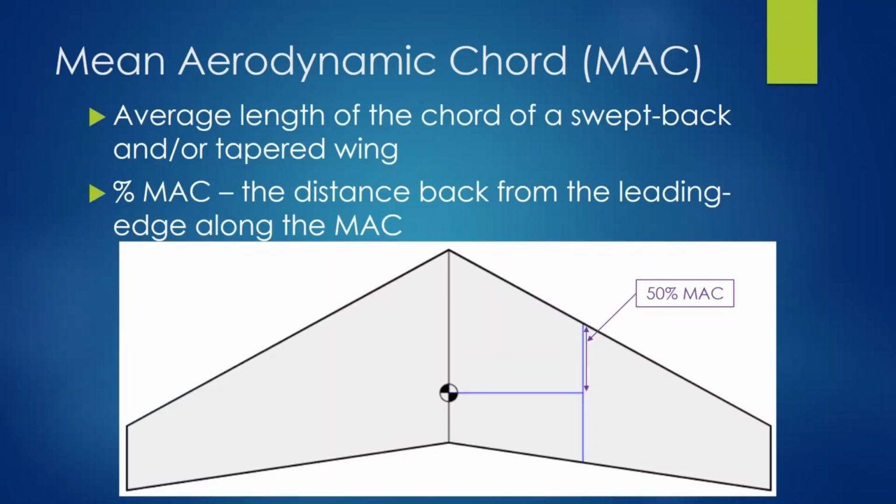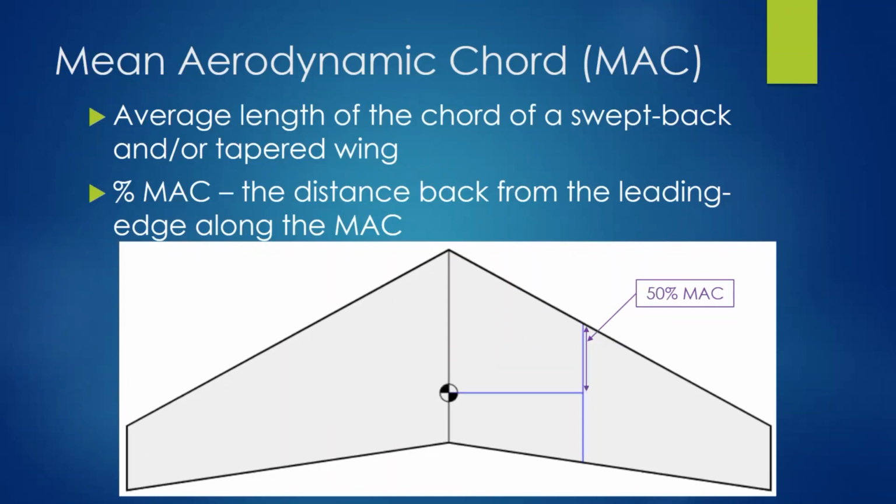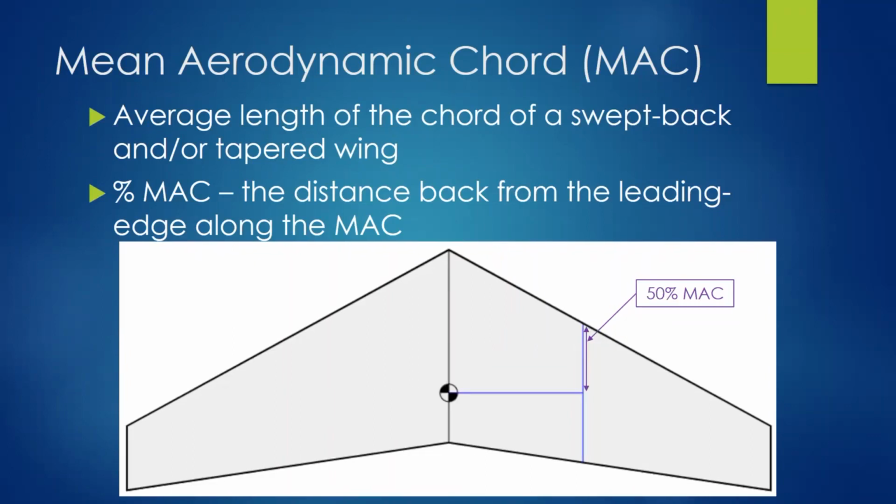Here's a 50% MAC. You can see that's actually too far forward in our example, right? Because it was 37 to 45%. And that's too far back. So we have too far forward, too far back. The area where our actual balance can be on the aircraft is something like that.